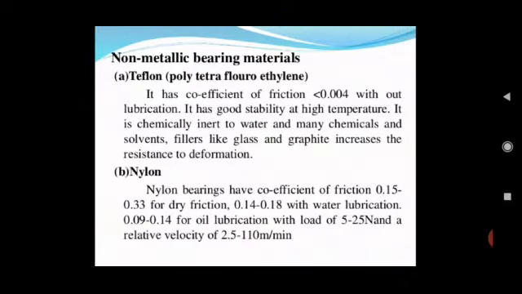And not only metals, we have also seen that non-metals provide excellent properties, like Teflon, which, as we have discussed, has stability at high temperature, again a desirable property. So in this manner, we can search for many other materials, check which of the properties are useful, and then those can be used as bearing material.